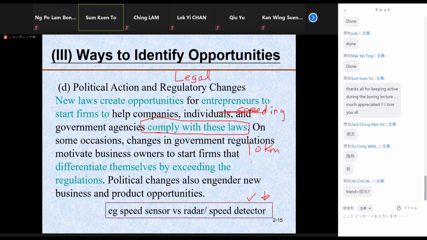Slow down, slow down, slow down. Even though the government has some regulation, if you're bright, you can deal with it, tackle the problem, and you may earn big money because you catch the opportunity while the government is doing something. So you invent something to make people's lives easier. So this is about the political one.